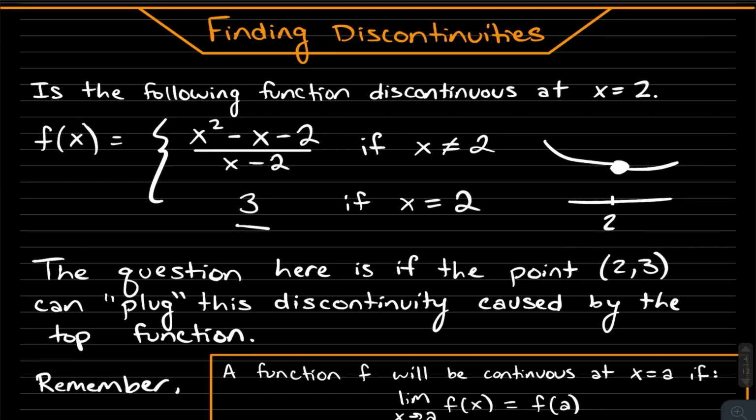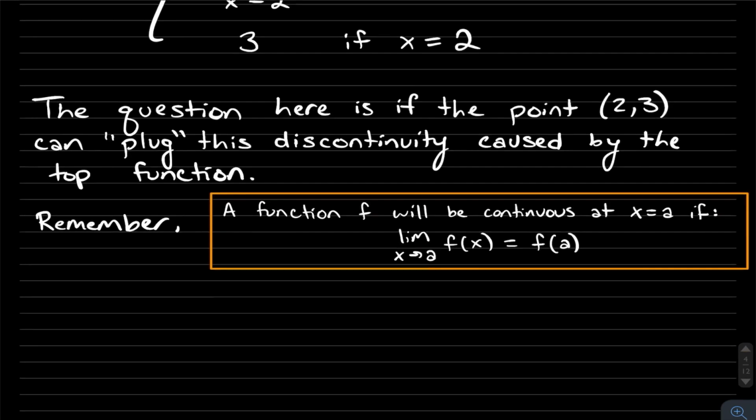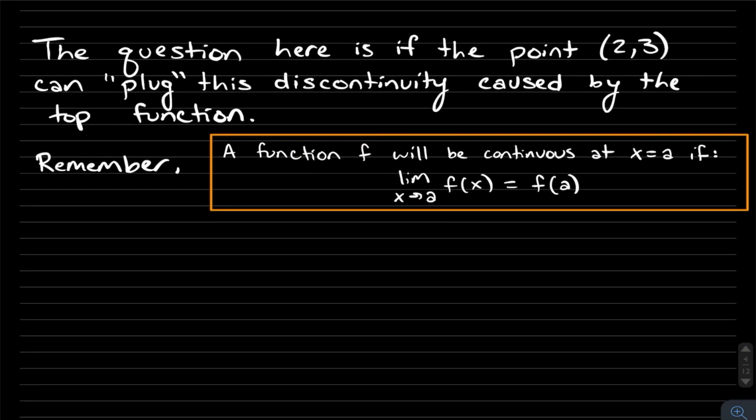And so when we have this piece that we also add into this function f of x, it plugs it. That's the gist of this problem. So what we want to see is, does the limit as x approaches 2 of f of x equal f of 2? Well, let's think about that first.